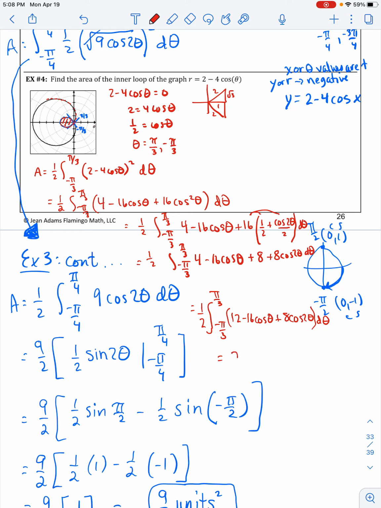Now I can see that I can factor a 4 out. If I factored a 4 out, it would give me 2 here. And this would be 3 minus 4 cosine theta plus 2 cosine 2 theta d theta.